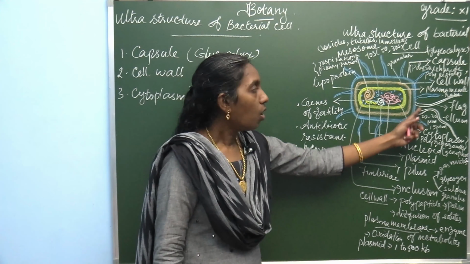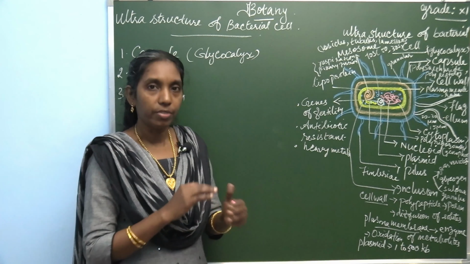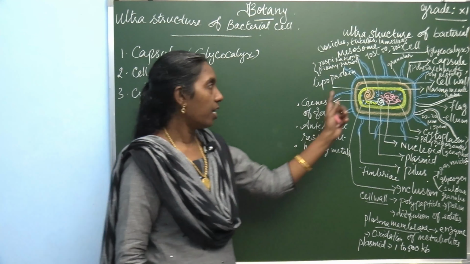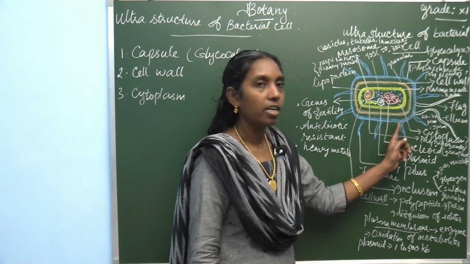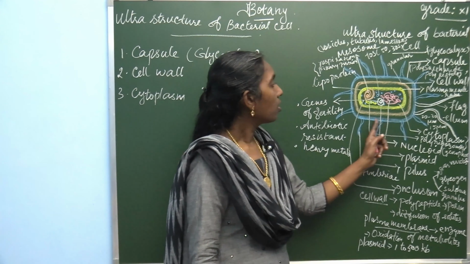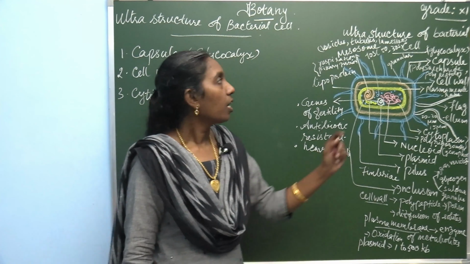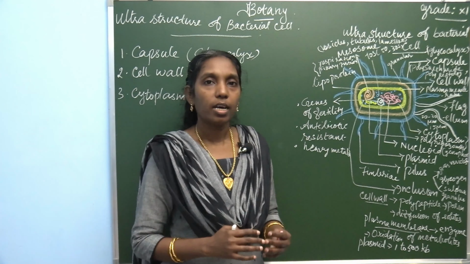The outer layer, capsule: there are some bacteria which possess a thick gelatinous layer. This is known as capsule. What's the other name of this? It's known as glycocalyx. So what is capsule?